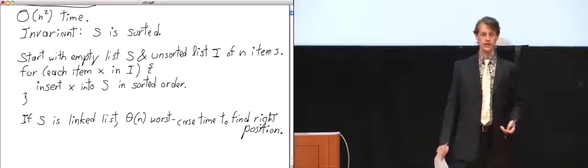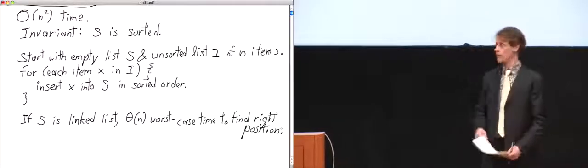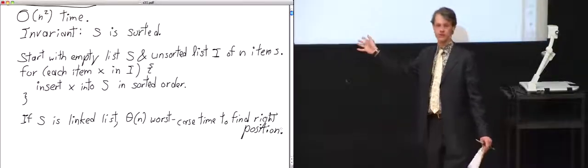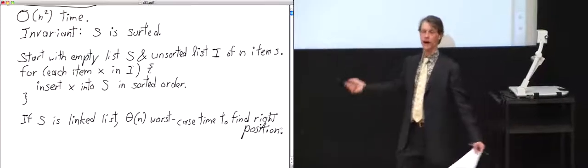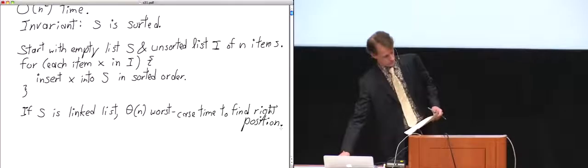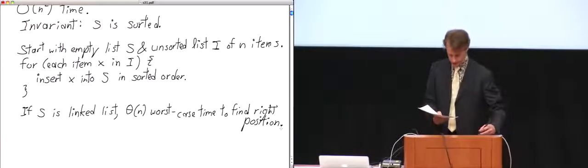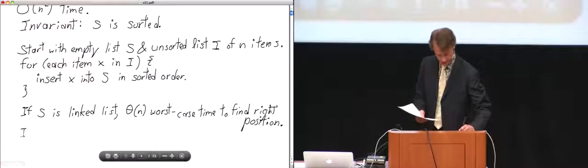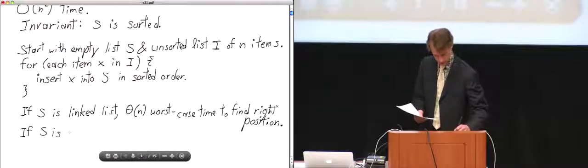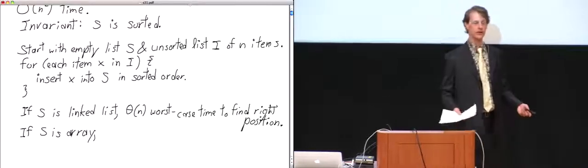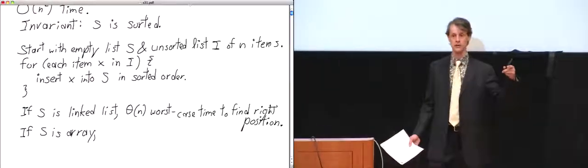That's true with arrays too, but for a different reason. With arrays, it does not take theta n, worst case, time to find the place where you want to insert the new item, because you can do binary search and find that place in log n time. So there's a different issue here, which is if S is an array, well, the fastest version of insertion sort does use binary search to find the right place to insert the new item.